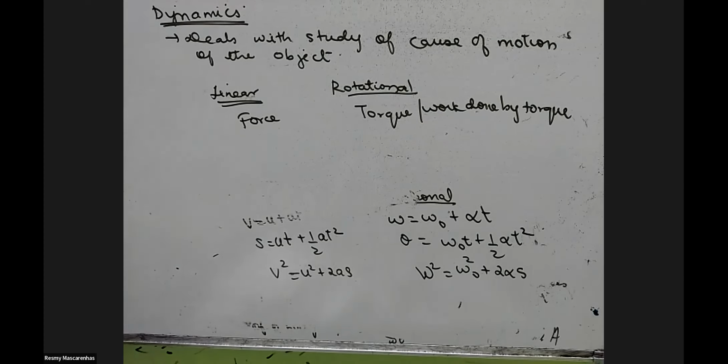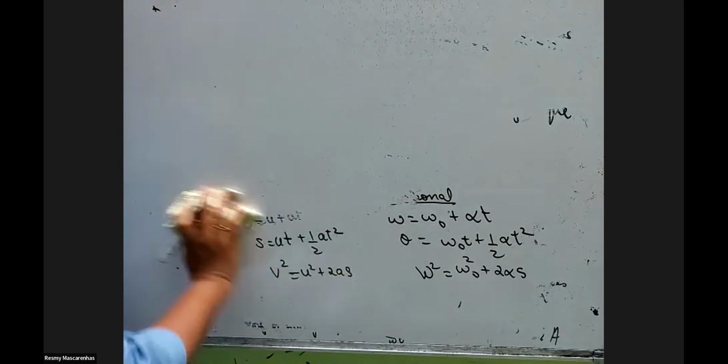Now I'll give you the entire analogy, all the relations between translational and rotational motion. Quickly write it, like a table. You can just remember it. It will be easier for your reference rather than going through the entire chapter looking here and there.